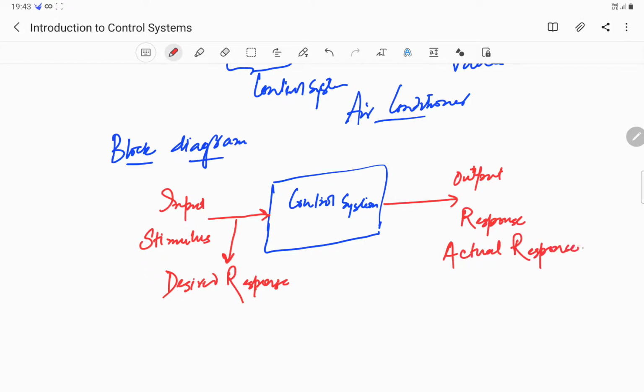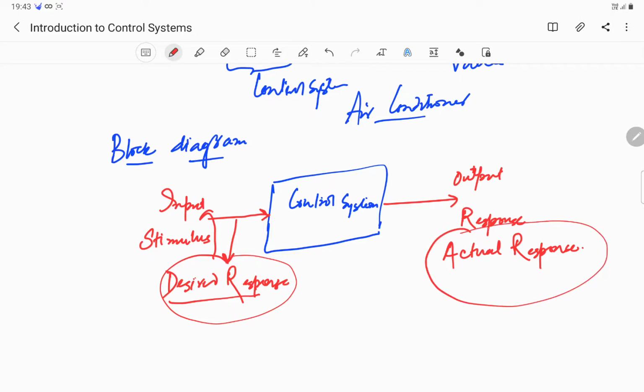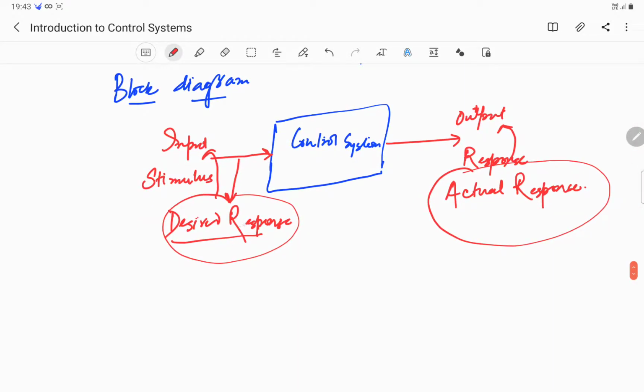We'll discuss it in a short while. So we have something called the desired response, which is also called the input, and the actual response, which is the output. Say for example, in case of an electric iron, we want to maintain its temperature at 70 degrees Celsius, and the actual temperature is, say, 67 degrees.